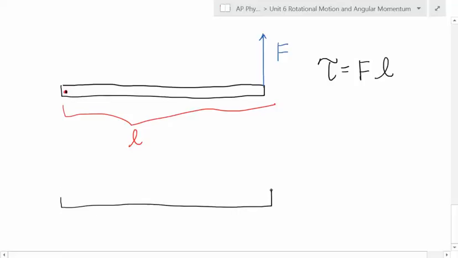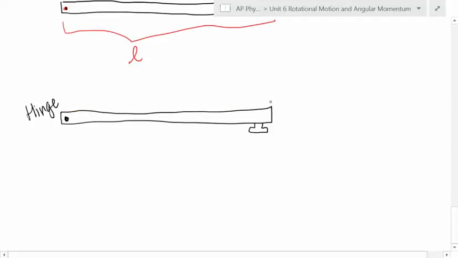Now, instead, though, you have this same situation. Maybe we're looking overhead at a door, and here's the hinge, and here's the doorknob. And we apply a force directed this way now.